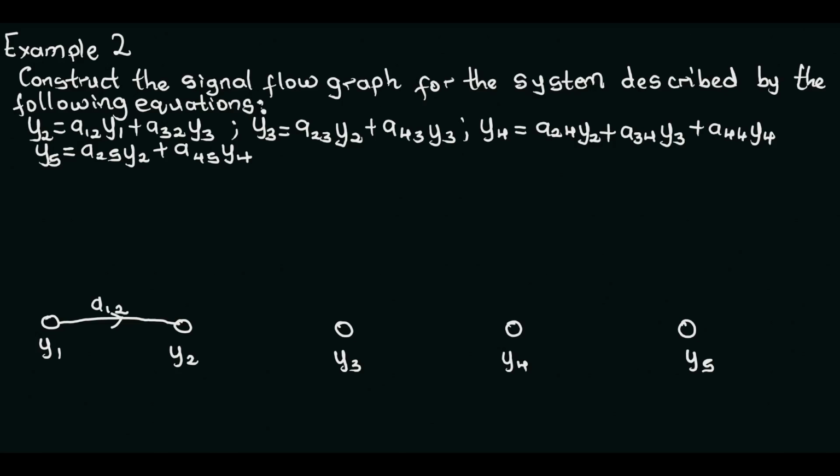It is moving backwards from Y3 to Y2. Then you have Y3 equals a23 Y2. It's moving from Y2 to Y3.